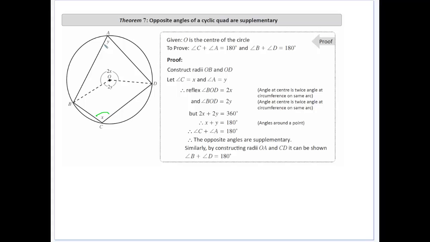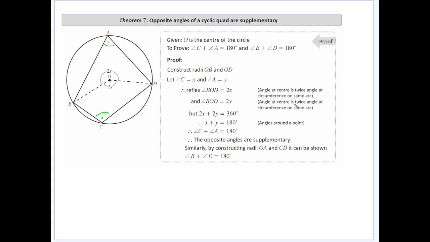If we let this angle here be y, then again the angle at the center is twice the angle at the circumference standing on the same arc. Let's get that right. And this time we're using the minor arc BD.